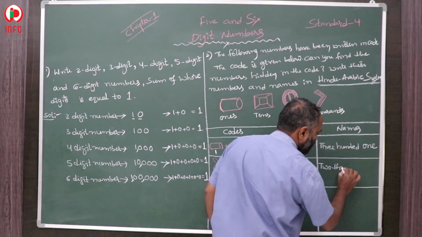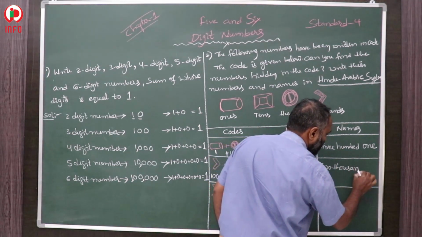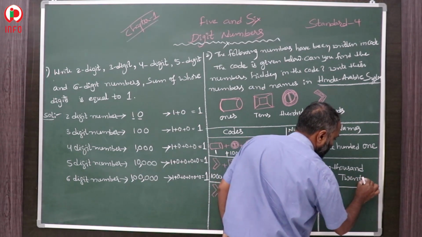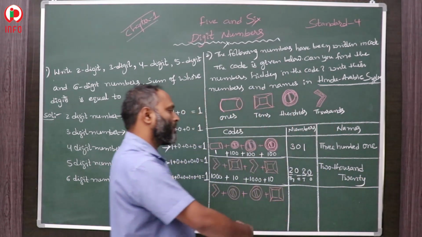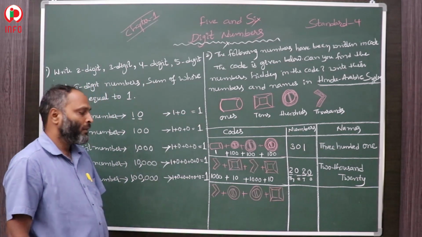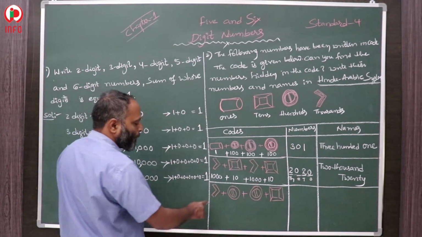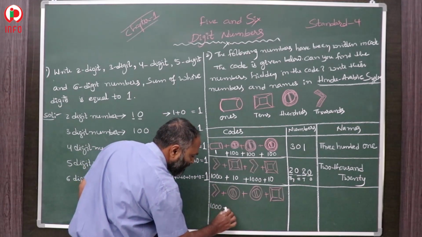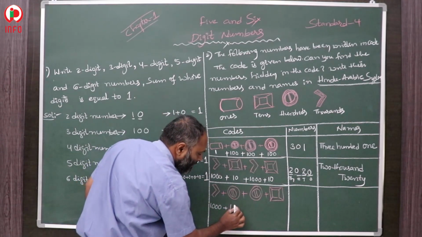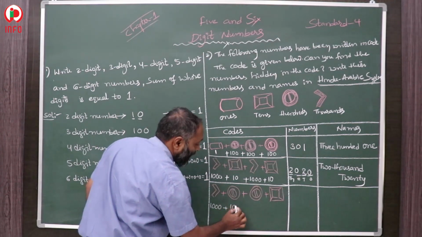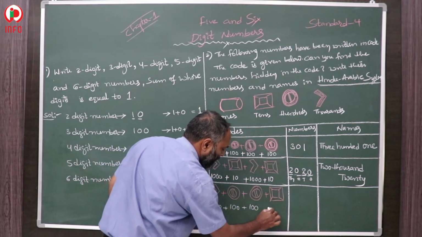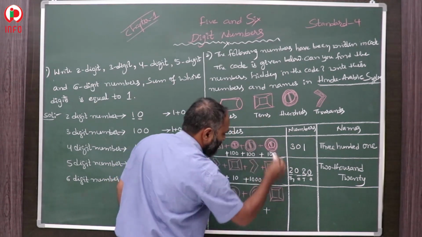2020. Then in the third question, an arrow is given. Arrow means 1000, then circle means 100, and again a circle means 100, again square means tens.